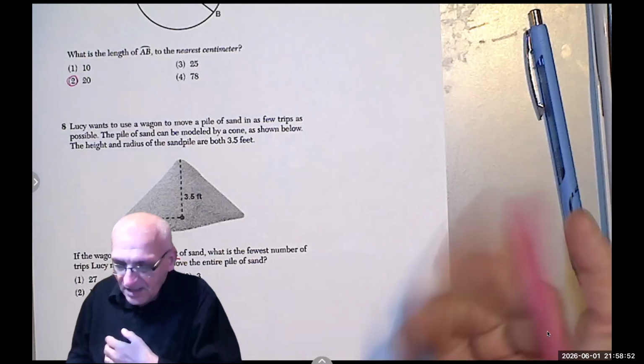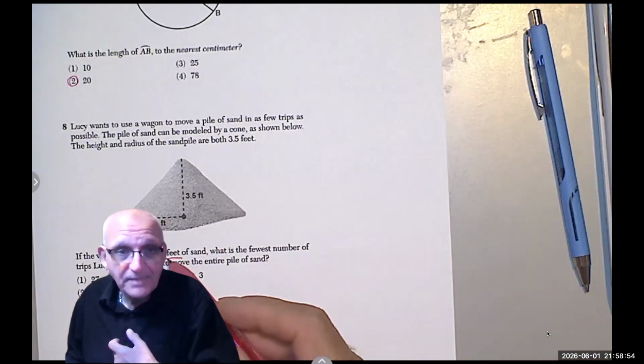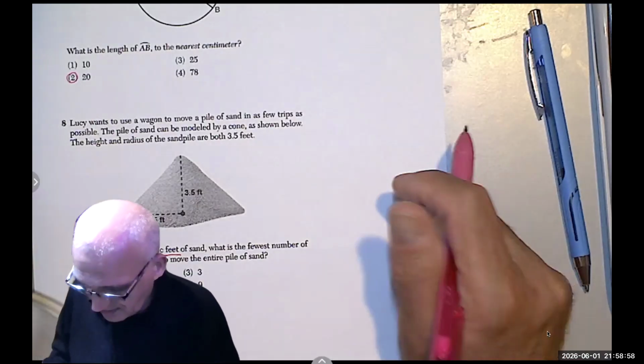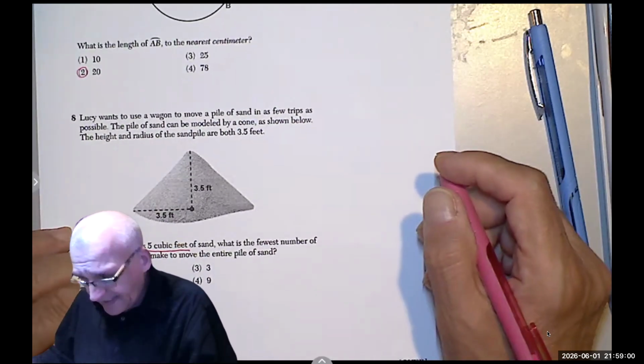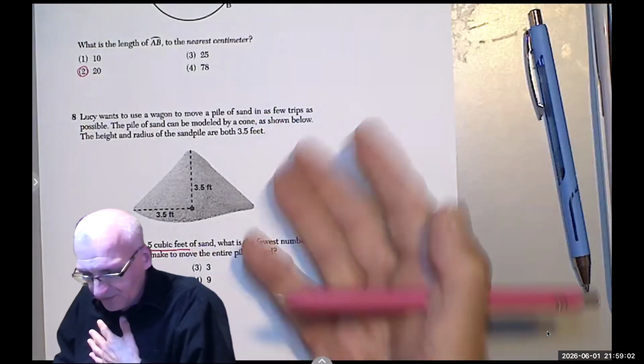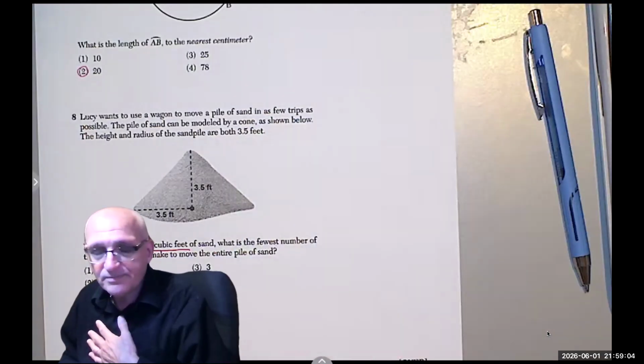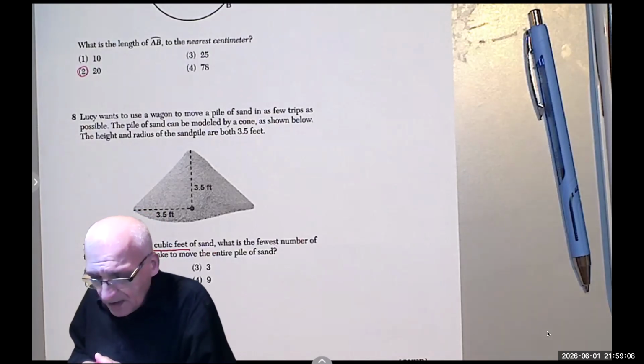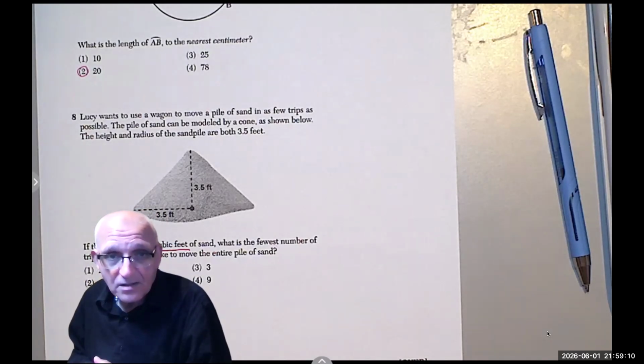So basically, you find the volume and divide it by 5, since each load can be 5 cubic feet. And you round up. Usually, of course, there is a pi in it, so it won't be an integer number. So you round up every time.